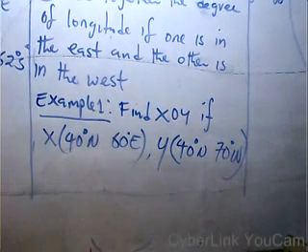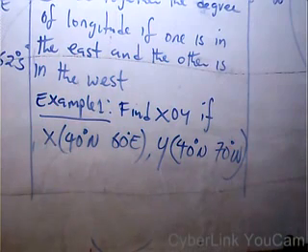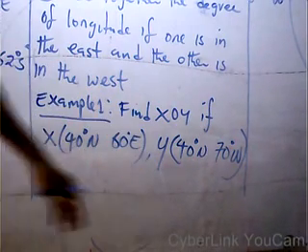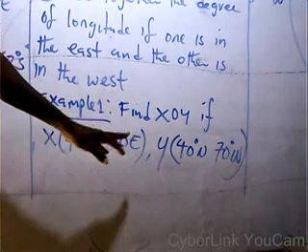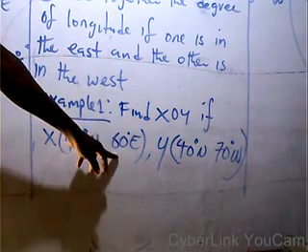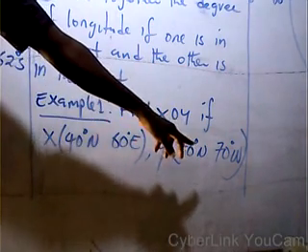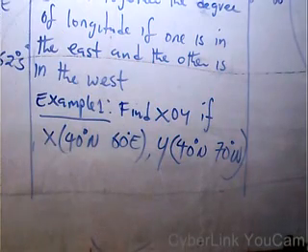If you look at this, they have common latitude with different longitude. And one longitude is in the east, the other longitude is in the west. That means you have to add the degree in longitude. And how do you do that?